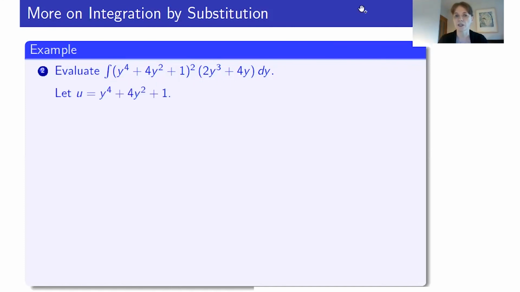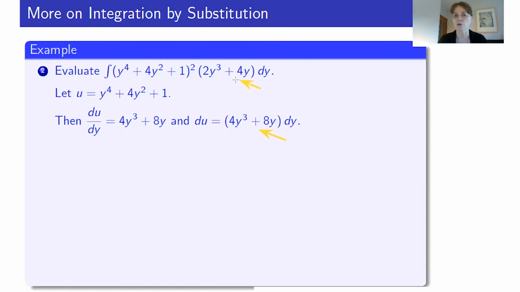So we'll let u equal to the inner function as before and find du/dy. Find the derivative, the relationship between u and our original variable of integration. That's 4y cubed plus 8y. So du is equal to 4y cubed plus 8y times dy. That's not exactly, this factor here isn't exactly what we have in the integrand, but it is very close.